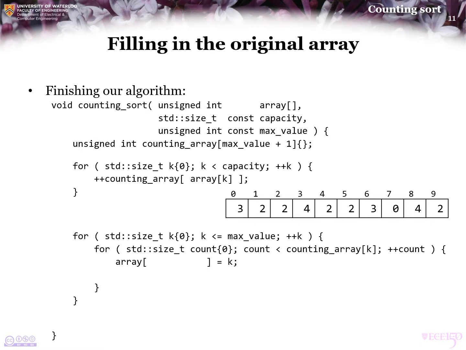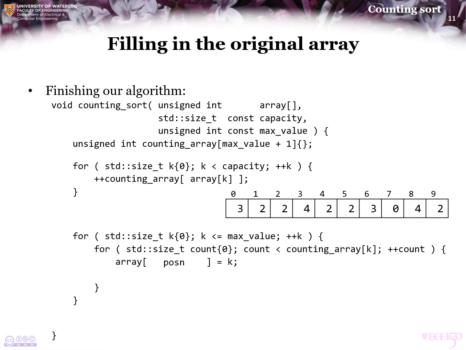Each time we are going to have to assign the original array the value that we are currently at. So first 1, then 2, and so on and so forth. So we need some sort of index, and that index will tell us where we are in the original array.